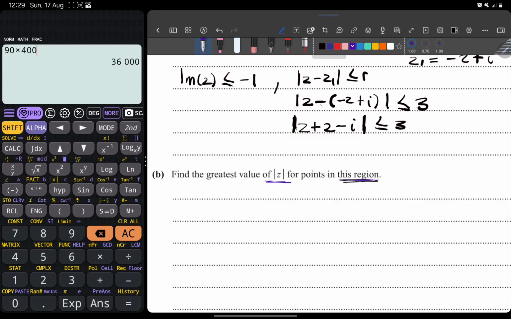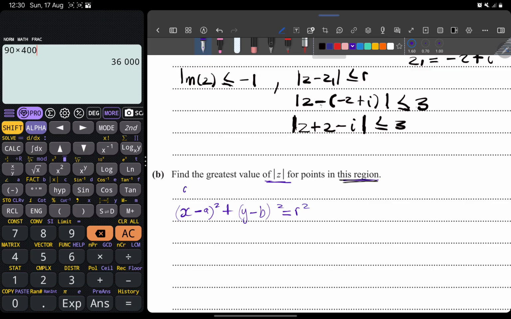I'm going to find the coordinates of the point of intersection. Once I find those coordinates, I'm going to find the modulus of that: you square them and you square root, you have the length. So I'm going to say (x minus a) all squared plus (y minus b) all squared is equal to r squared.